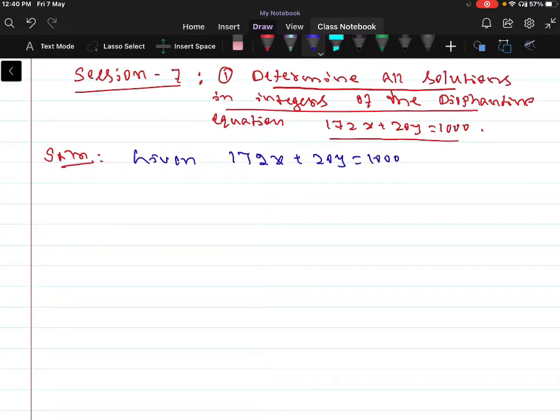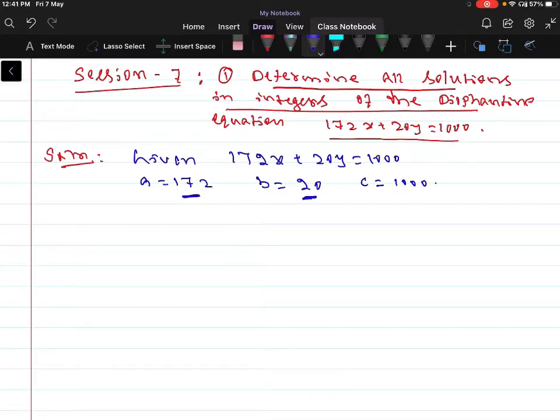Here A is equal to 172, B is equal to 20 and C is equal to 1000. Now let us find the greatest common divisor of the integers 172 and 20. Later let us find the solutions of the Diophantine equation.